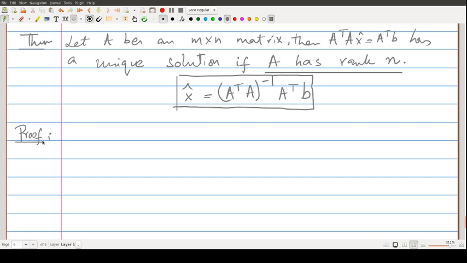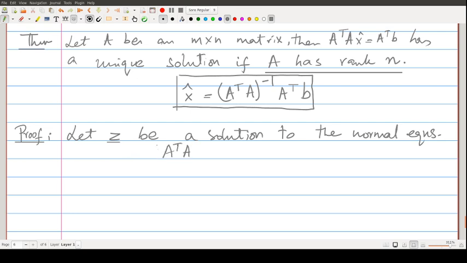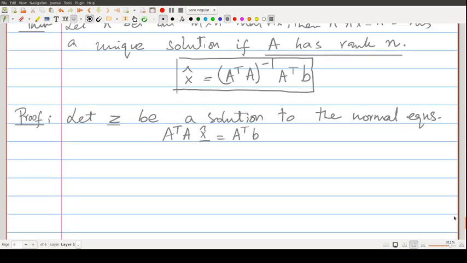Let's jump into the proof, and let's say let Z be a solution to the normal equations, which means I am saying that Z is a solution to A transpose A x hat equals A transpose b. That is, if I substitute Z in place of this vector, then both of these sides will be equal. Now, what does that tell me?